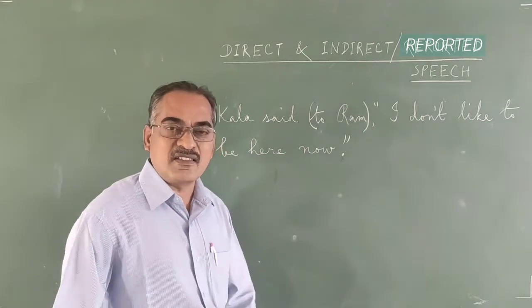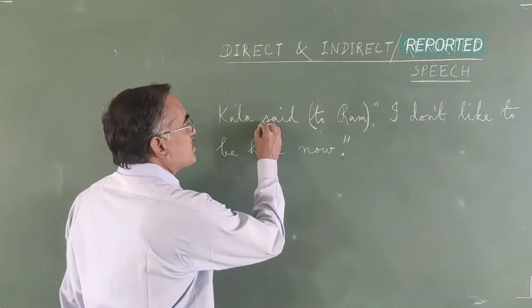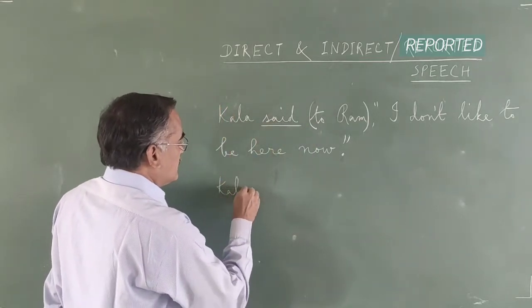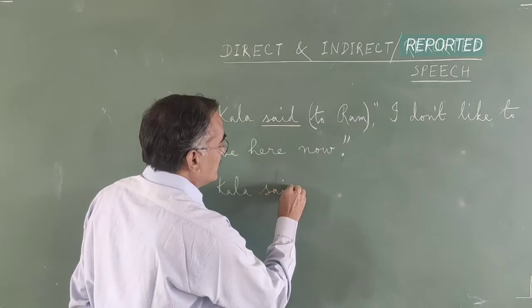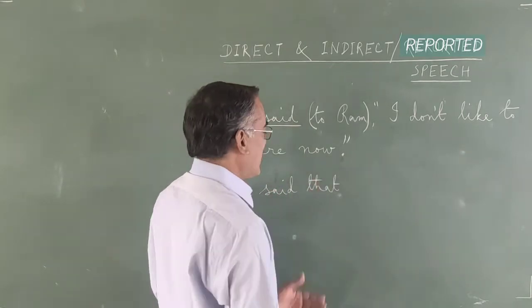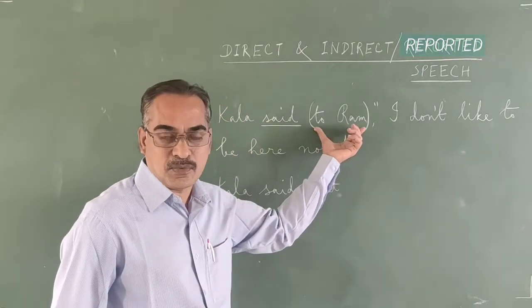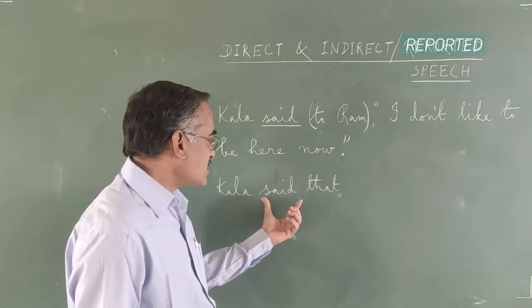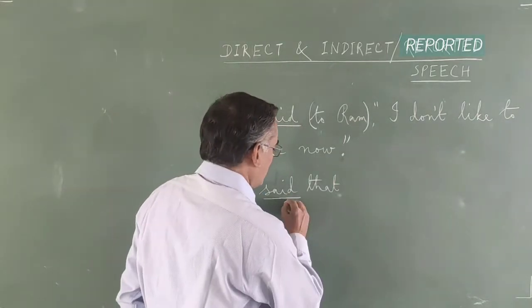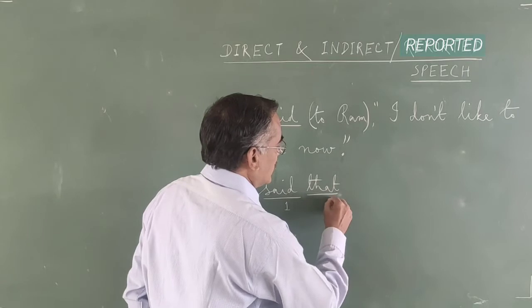So how to write this in indirect? Here the reporting verb is in past tense and so the answer is Kala said followed by the conjunction that, because it is a statement. I don't take the listener into consideration now. That is why I just used the word said, followed by that.